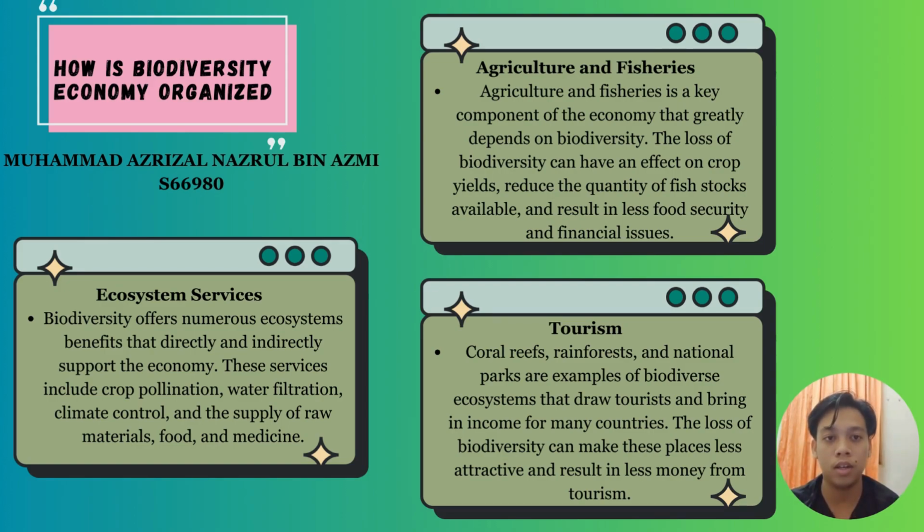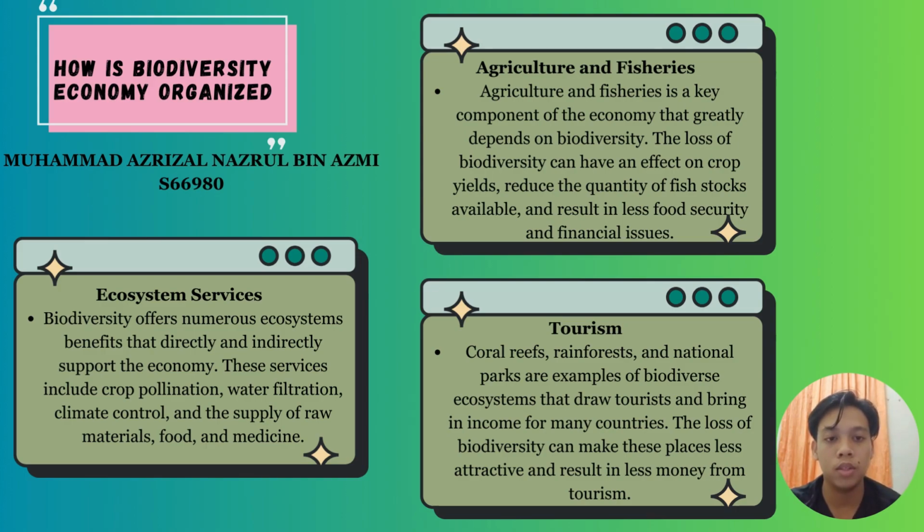Second one is agriculture and fisheries. Agriculture and fisheries are a key component of the economy that greatly depends on biodiversity. The loss of biodiversity can have an effect on crop yields, reduce the quantity of fish stocks available, and result in less food security and financial issues.